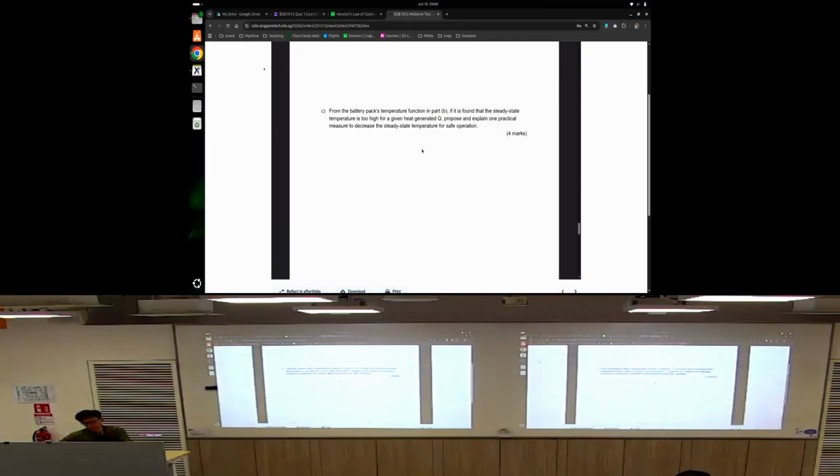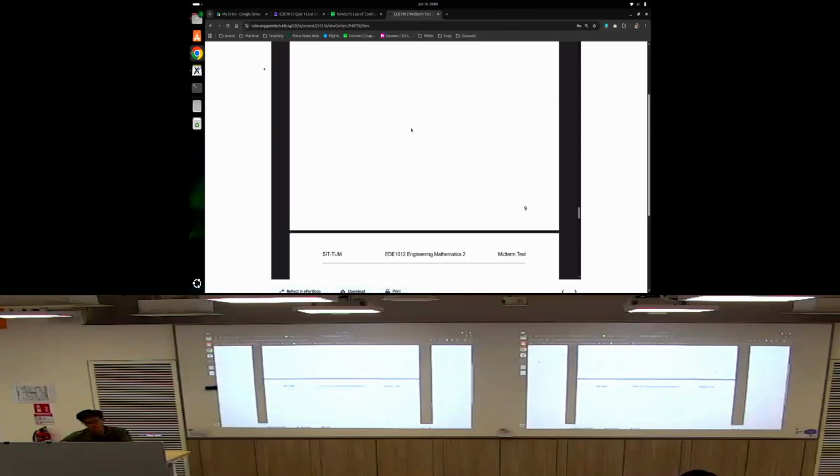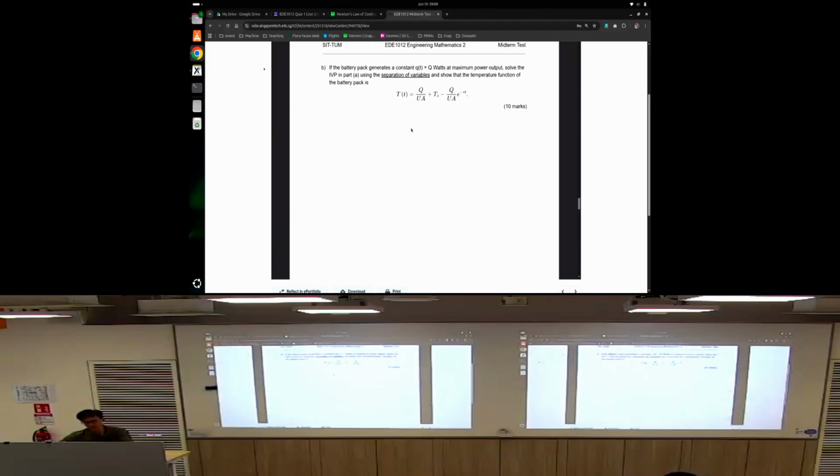Then after that, in part C, usually they will ask you what is the practical implication of some phenomenon or some parameter, which you have to explain logically. That means this part is on the interpretation of your solution from part B. Because in part B they give you the solution, you cannot say that you cannot analyze it.